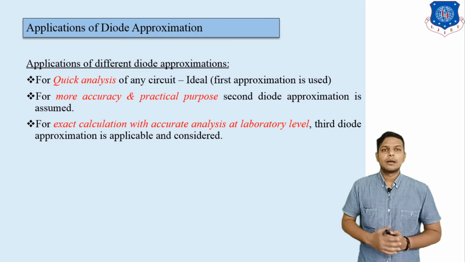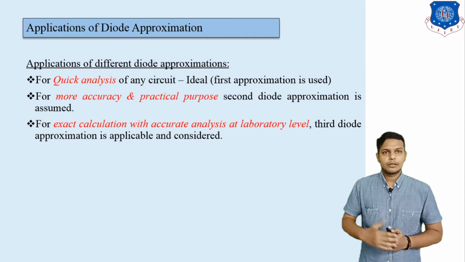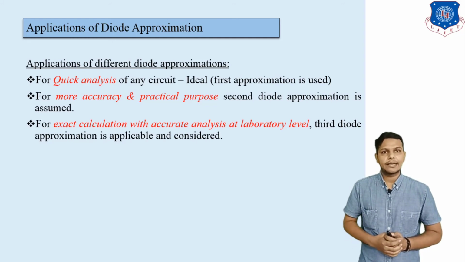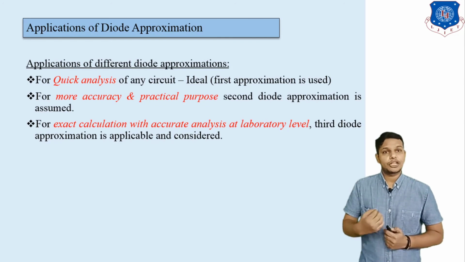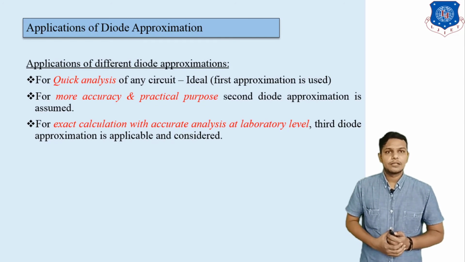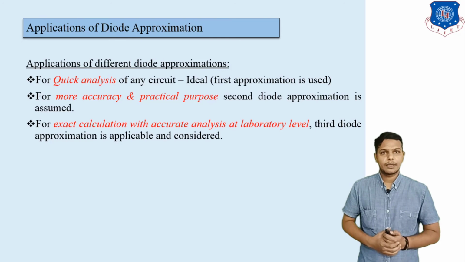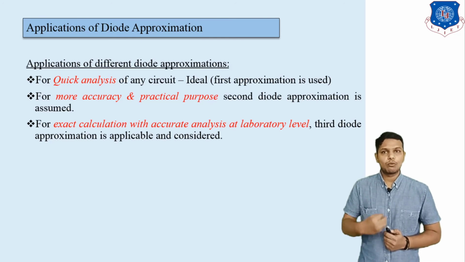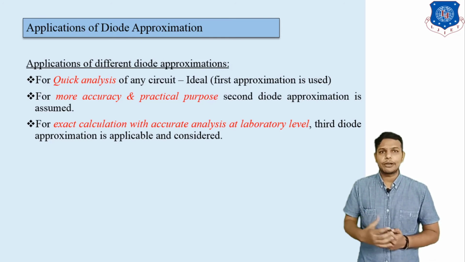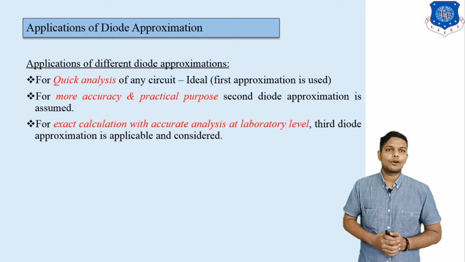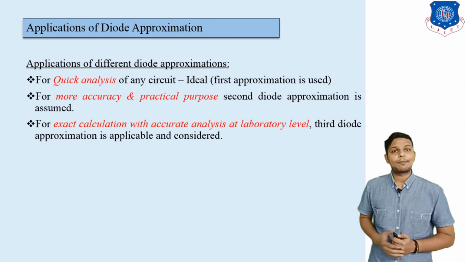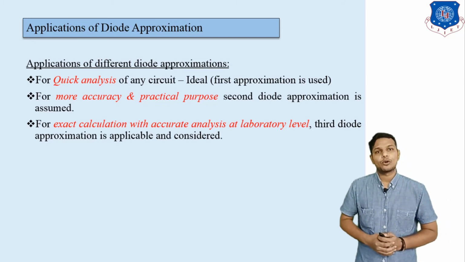We cannot get perfect information about the diode or circuit. The second diode approximation gives you some more information than the first approximation, like initial voltage, cutoff voltage, which is 0.7 volts. And if you want exact calculation with accurate analysis at laboratory level, then you have to use the third diode approximation. So this is the application of the diode approximation.